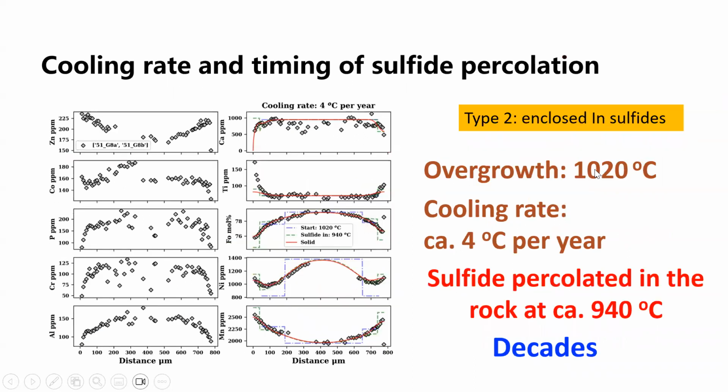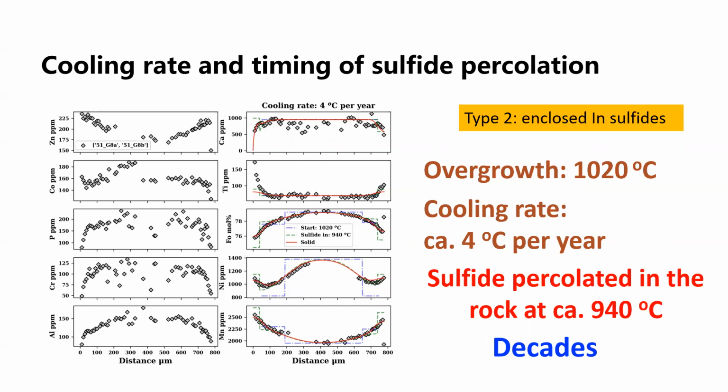And this is another one. This one is the type 2 olivine with sulfide, so we can see nickel here. As a ring, the nickel is increasing. Actually, nickel is decreasing first and then increasing. So this shows the olivine has experienced a first stage of interaction with silicate liquid and then interacted with the sulfide.